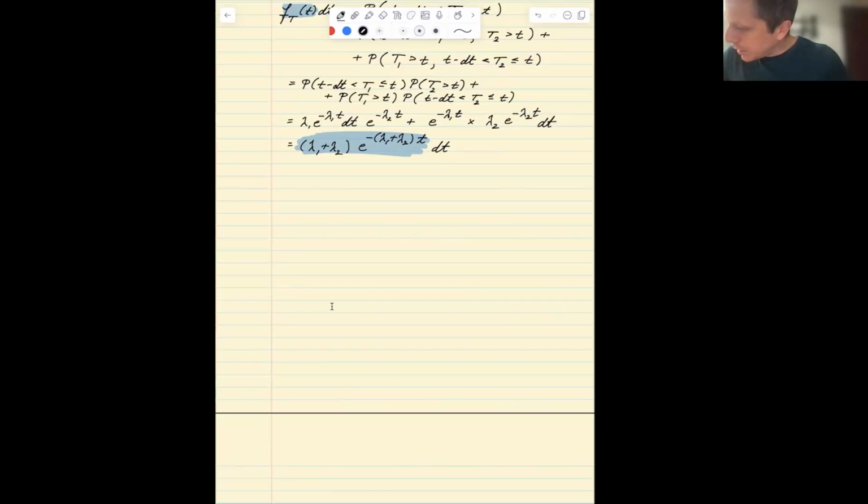So we would conclude that T is exponential with rate parameter lambda 1 plus lambda 2, meaning that the expectation of T is 1 divided by that rate parameter.